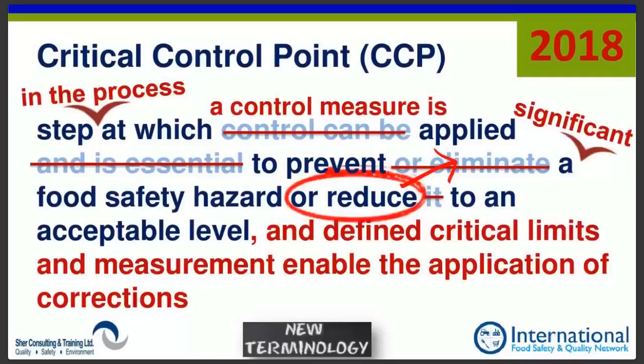Only those steps in the process where monitoring yields a number, a measurement, such as temperature, time, chlorine solution, Gauss, pH, a number derived from the measurement, can we call a CCP. So anything that's being observed is not a CCP anymore. Big change.